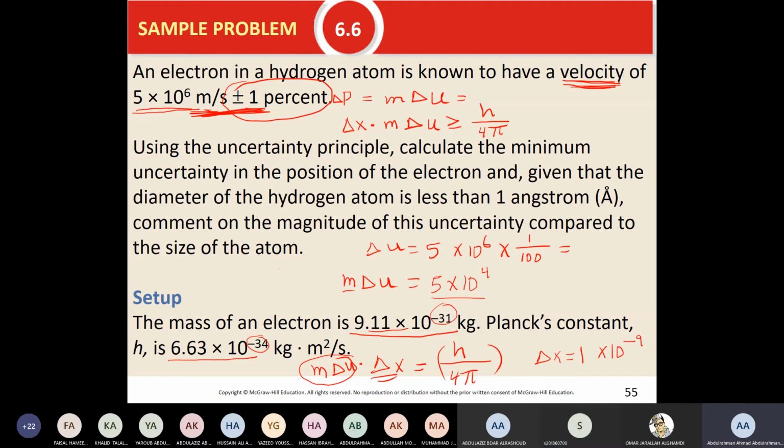Yes. No, 39. Let me calculate it quickly. 9.11 exponential 31.